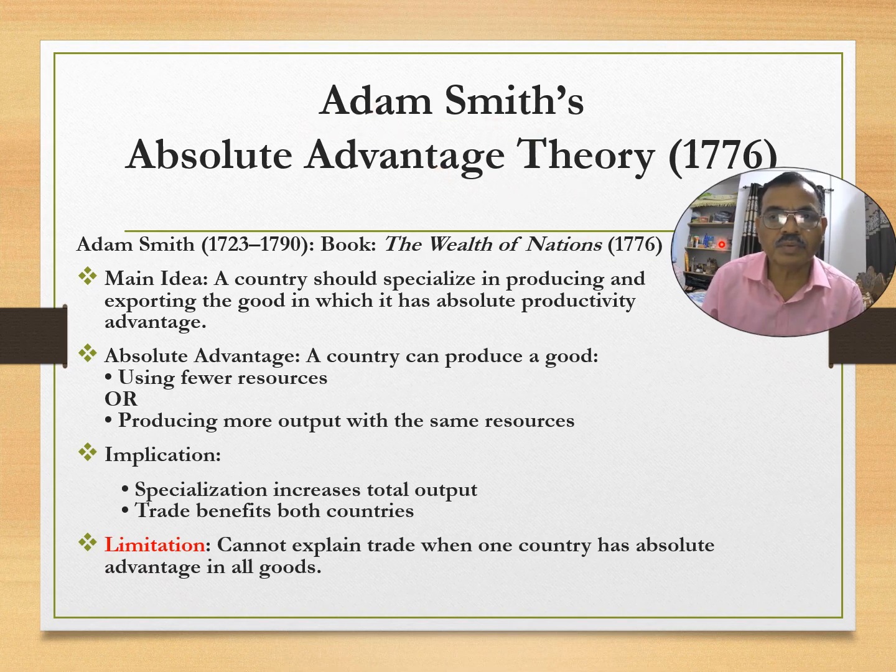Adam Smith, in his famous book, Wealth of Nations, published in 1776, introduced the theory of absolute advantage. According to Adam Smith, a country should specialize in producing and exporting the good in which it has an absolute productivity advantage.